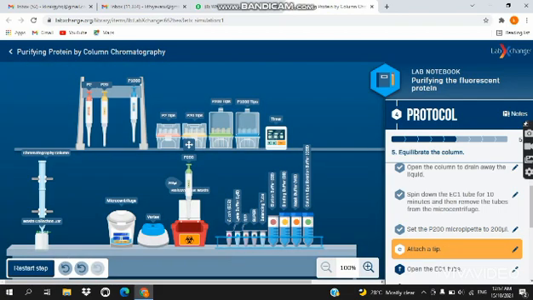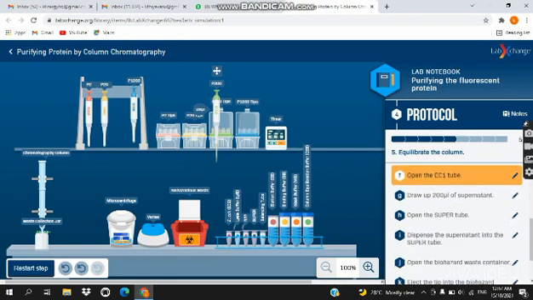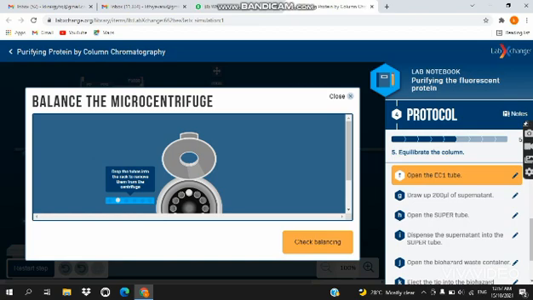So attach the tube and open the EC1. Make sure you always check the balancing before you centrifuge the tubes.